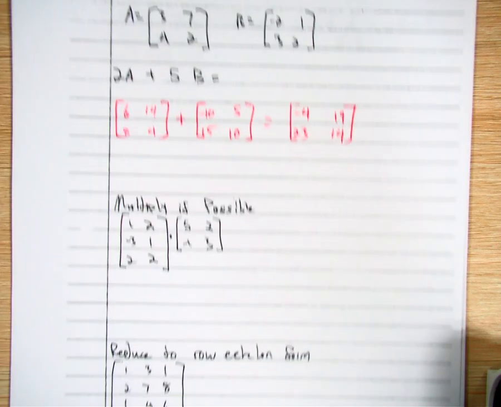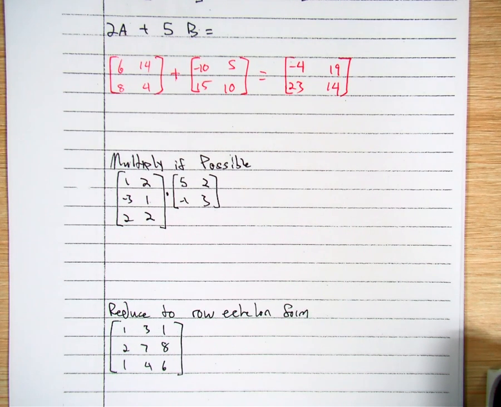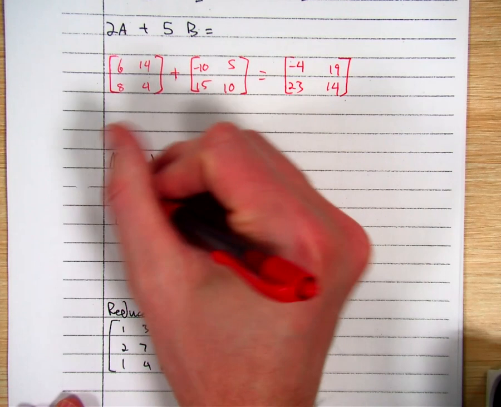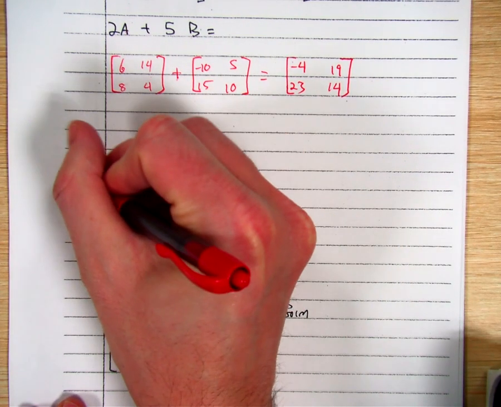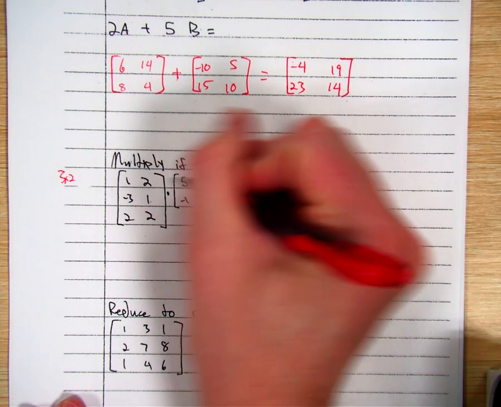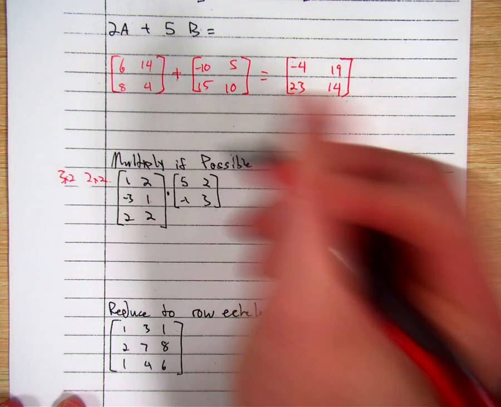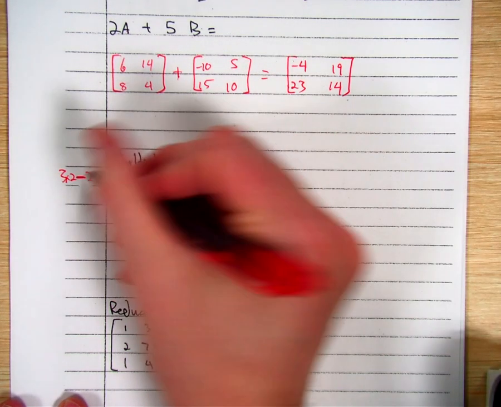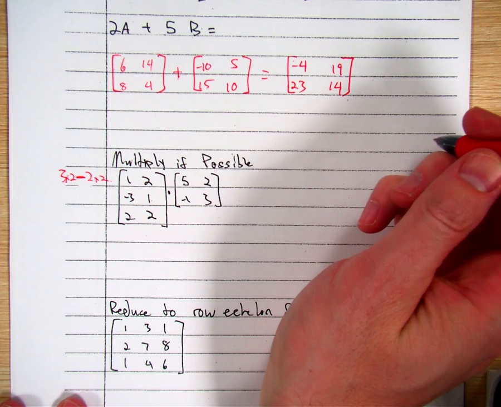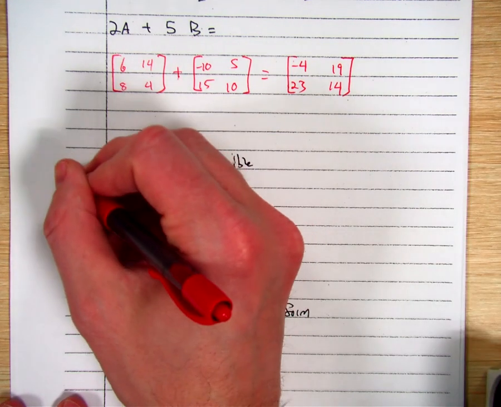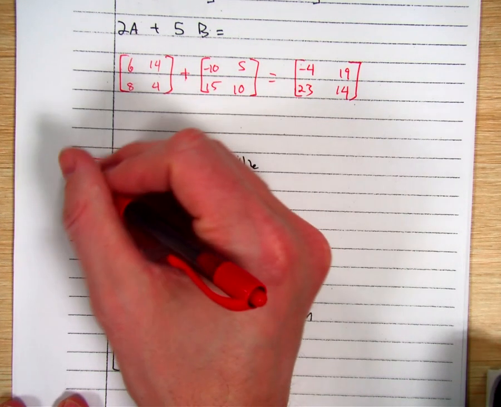Okay, hopefully that was pretty easy. Multiplying matrices if possible. Okay, we got 3 rows by 2 columns times 2 rows by 2 columns. Our middle numbers match. So yes, we can do that one. And the answer will be a 3 by 2.